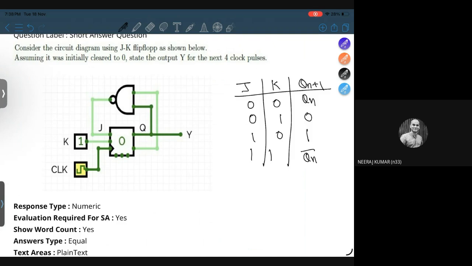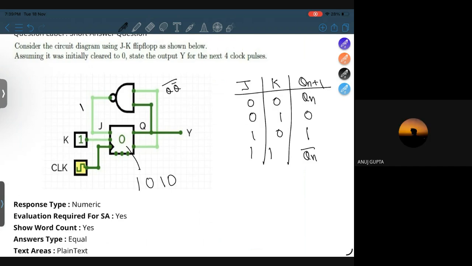So this will always be 1, right? Yes. Okay, so J will always be 1 and K will always be 1. So for the next four clock pulses it will toggle. If it is 0, it will be 1, 0, then again 1, then again 0. Okay, that's easy.